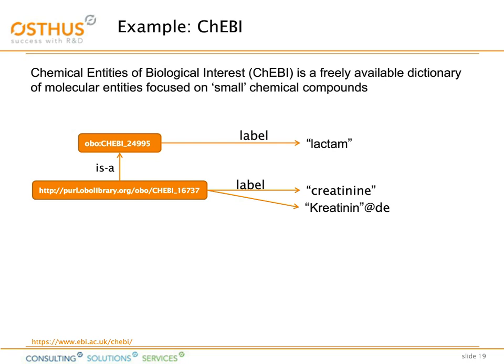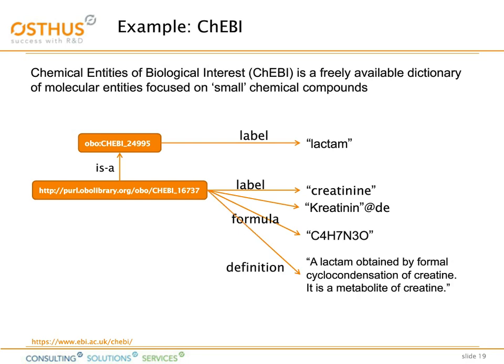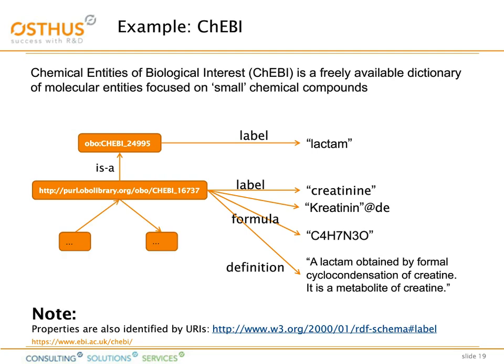So, for example, the German label creatinine, or a chemical notation, a formula, or a textual definition. And additionally, these entities can be linked. So you end up with a graph structure that represents different types of information.